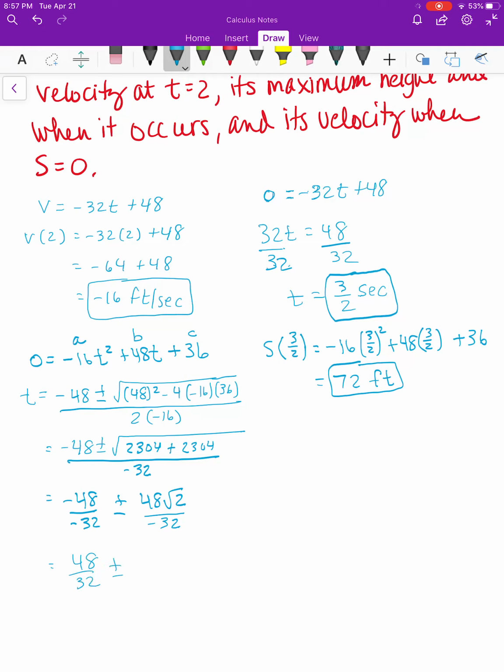And I put this square root in my calculator and it reduced it for me, 48 root 2. Now if I'm dividing by a negative 32 and this says plus or minus, the plus times the negative is the minus, and the minus times the negative is the plus. So I don't need to worry about the plus or minus down here. I went in my calculator and put 48 divided by 32. It reduced it to 3/2.